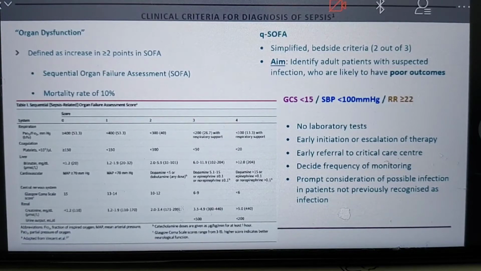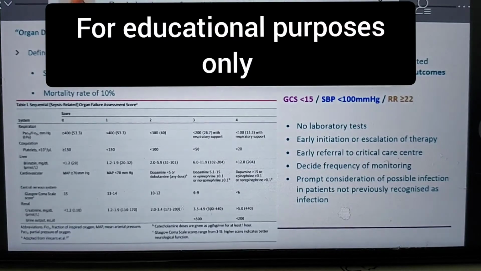So, how to remember Q-SOFA easily? We have 3 criteria. The components we can easily remember by HAT. H is hypotension, which is systolic blood pressure less than 100.